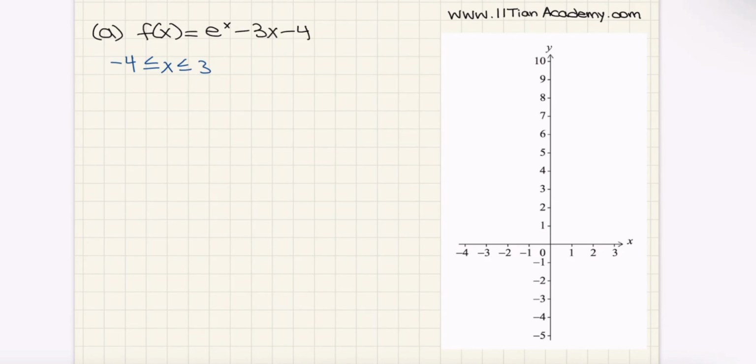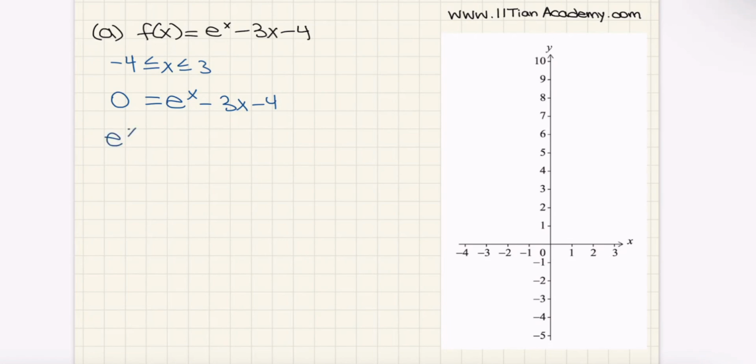So to find the x-intercepts, or the zeros, we're going to sub in 0 for f of x, and then figure out which approximate values we would have here, right? So in order to do that, we're going to add 3x and add 4 to both sides.